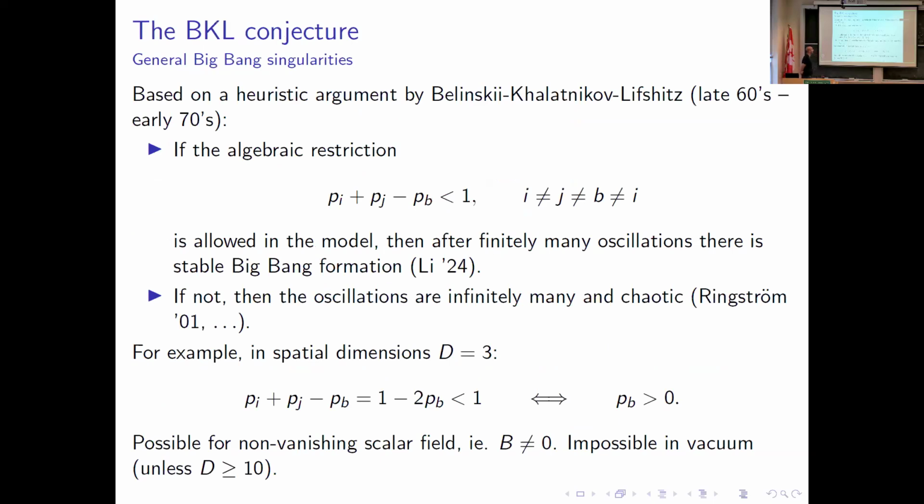And the conjecture for the dynamics of these solutions is due to BKL. And okay, the original argument, and then of course it was generalized in many ways by other people and BKL as well in various papers.